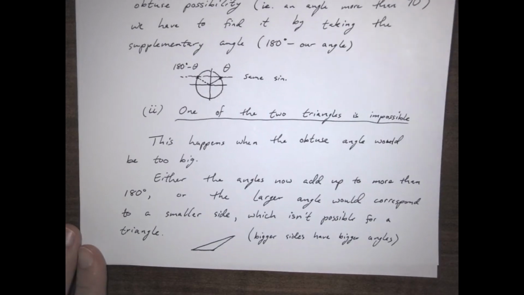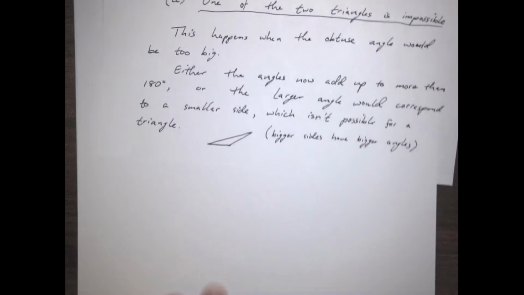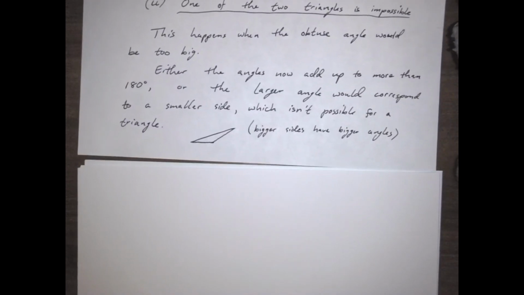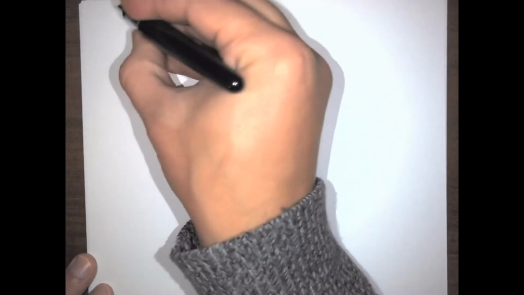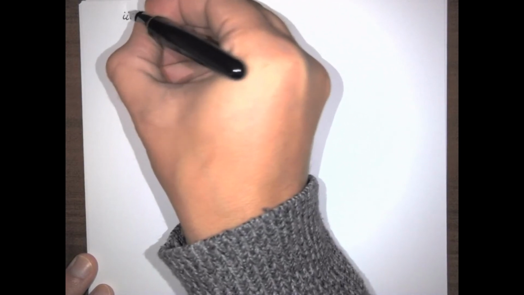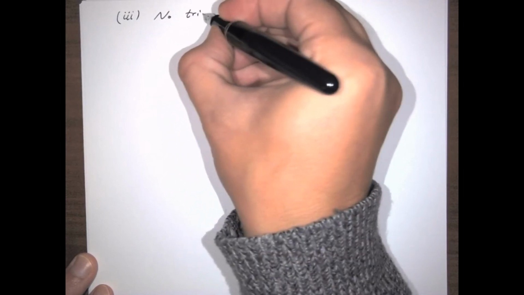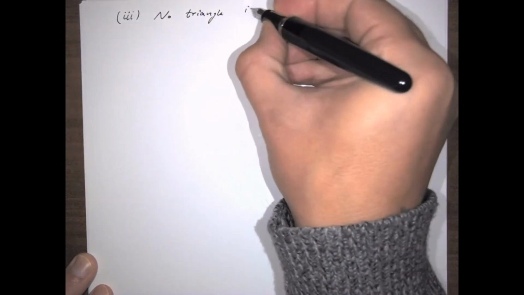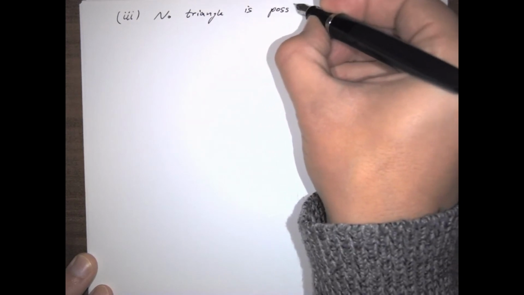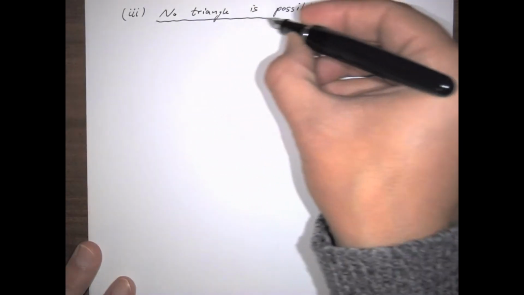So that's possibility 2: maybe one of the two triangles that we would be considering is actually not an option. And then possibility number 3, maybe no triangle is possible. And this would just come from, again, violating one of those two principles.